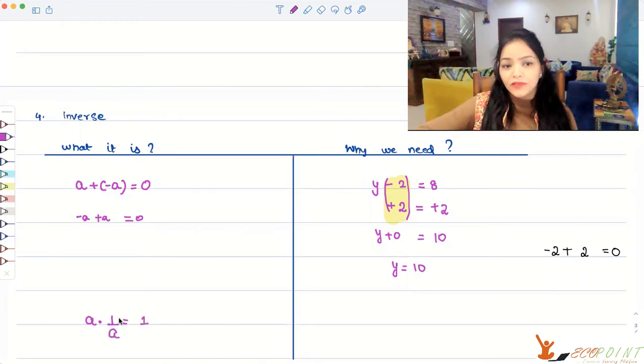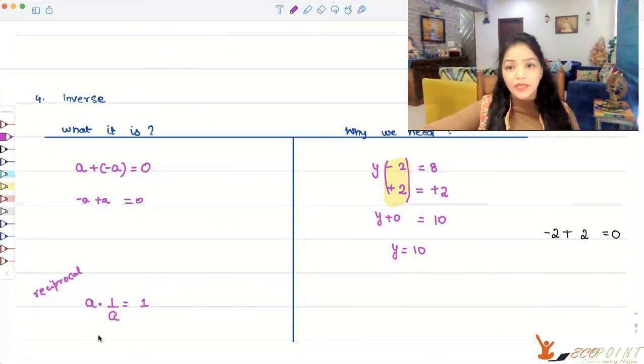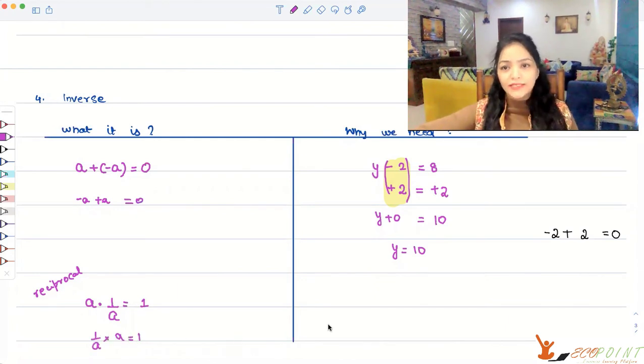So that number is 1 upon a, which has another name, reciprocal. So the reciprocal of a real number is essentially the multiplicative inverse. So a multiplied by 1 upon a gives you 1, or 1 upon a multiplied by a gives you 1. That is what the reciprocal or multiplicative inverse is.